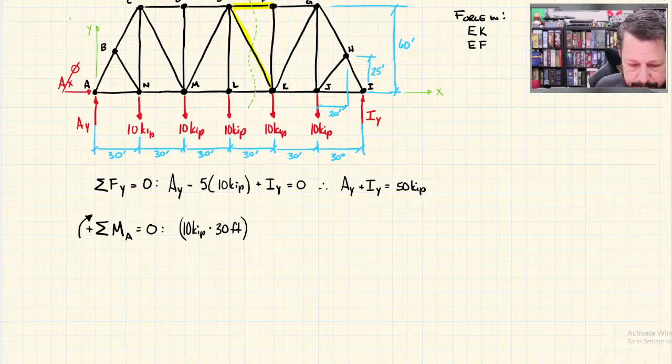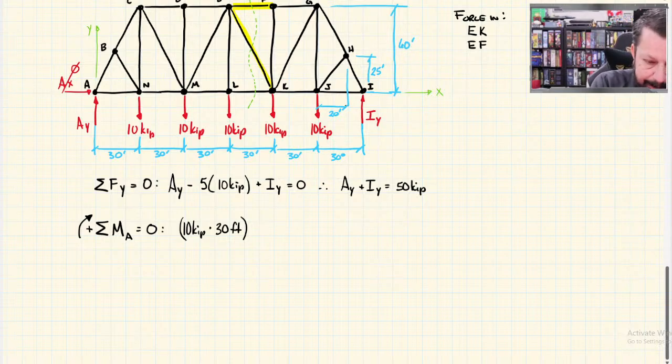If I isolate just this force, think of there's no other forces on there, and I'm imagining this truss rotating about pin A, then that force about point A would make the truss go clockwise. It would spin around clockwise. So I give it a plus sign.